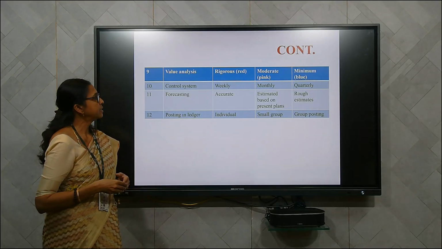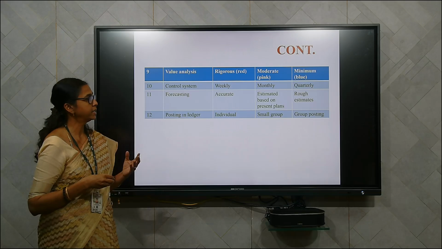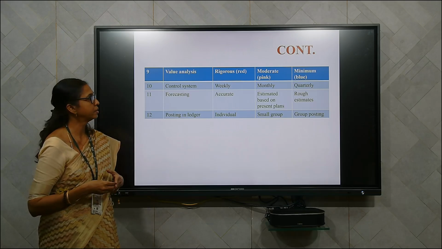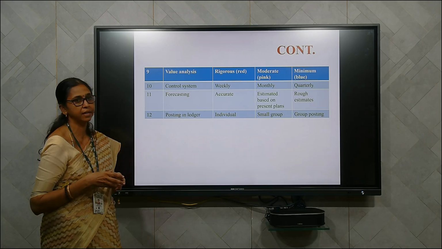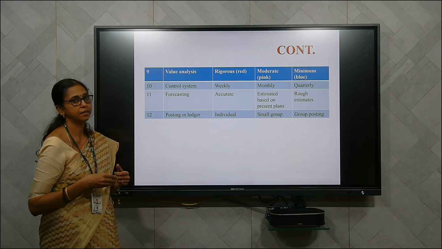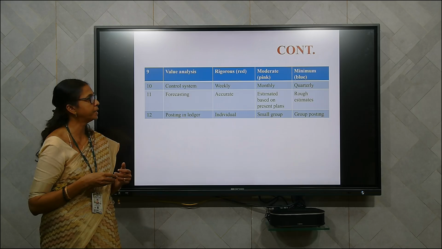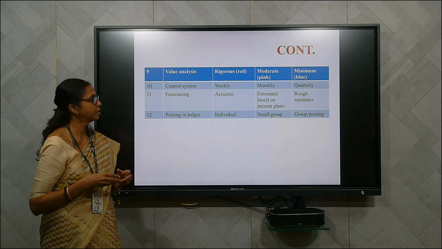Value analysis, as I told you, in the value analysis chart A items play a very vital role. It is indicated as a red color item. Rigorous value analysis is required for A items. Moderate value analysis will be done for B items, and minimum value analysis can be done for C items.